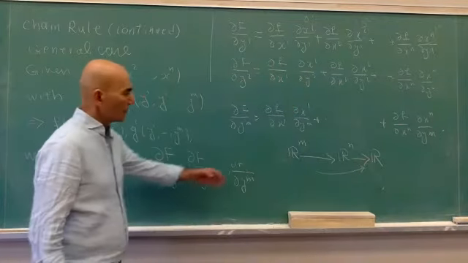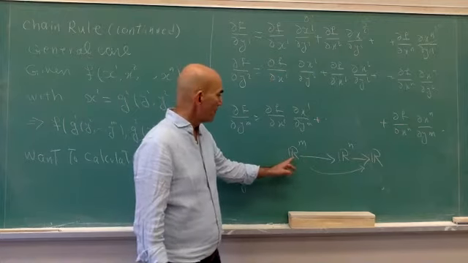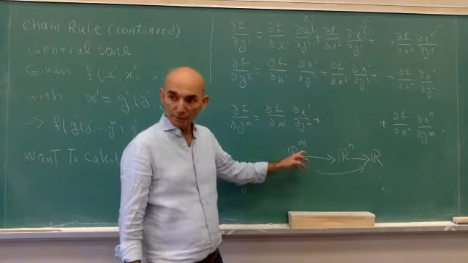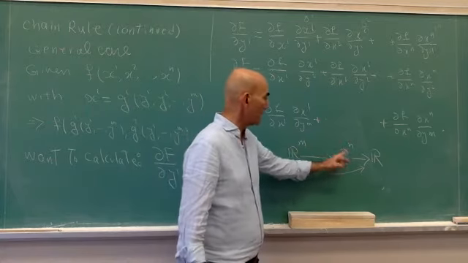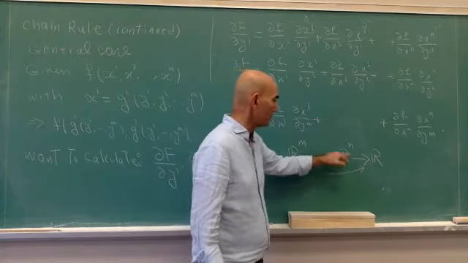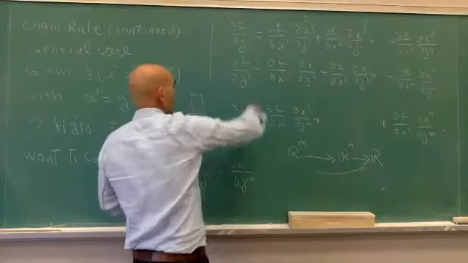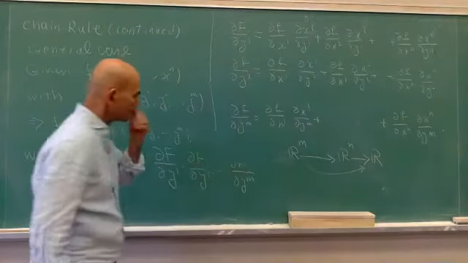And then we are saying that indeed the partial derivative of this composition is obtained by these partial derivatives here times the corresponding partial derivatives there, according to this pattern.